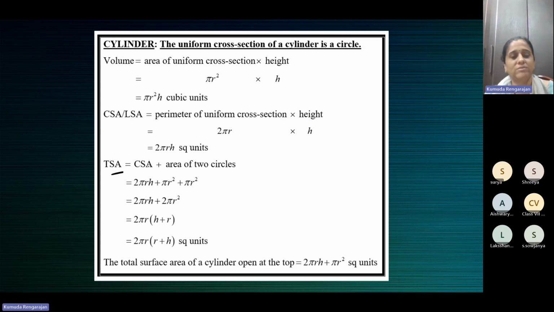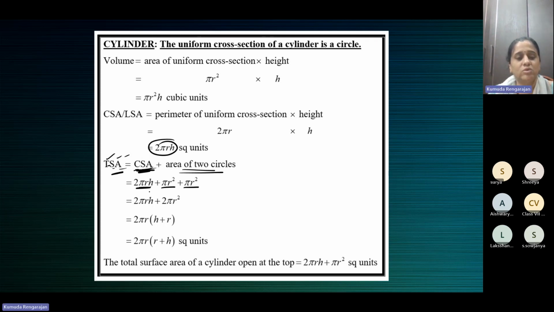The total surface area, TSA, will be the curved surface area plus area of two circles. So CSA is 2 pi r h, and area of the two circles is pi r square plus pi r square. So 2 pi r h plus 2 pi r square, because pi r square plus pi r square is 2 pi r square.